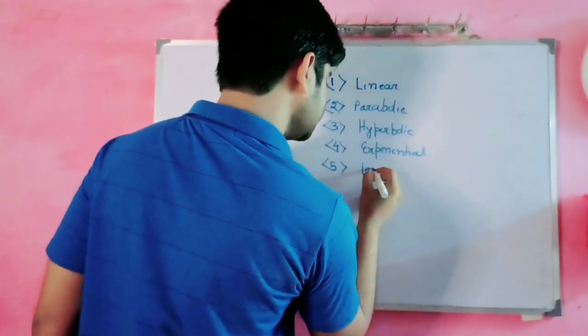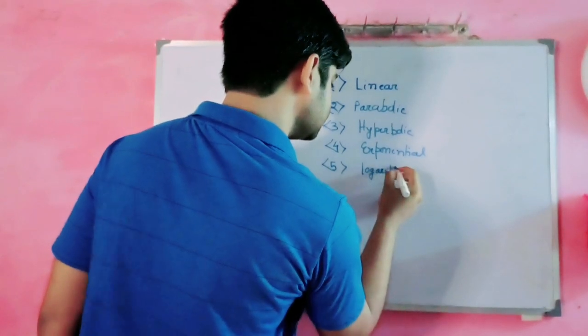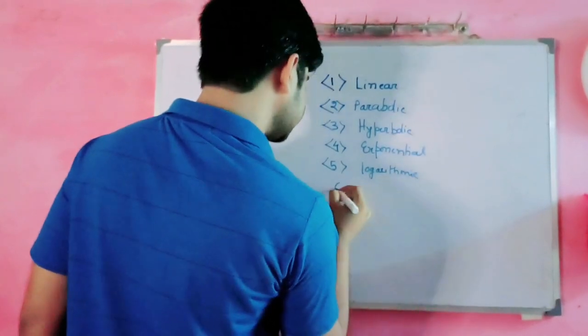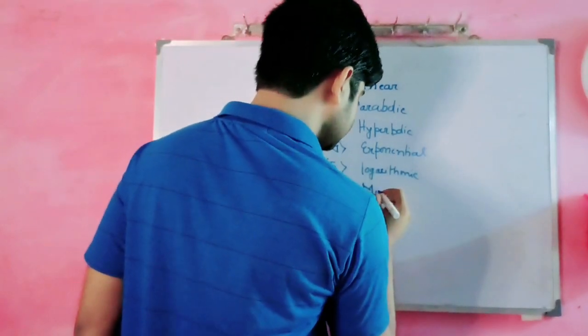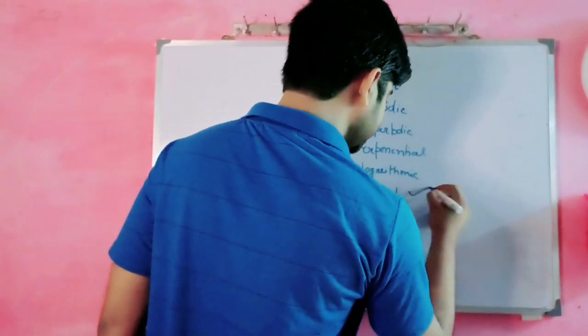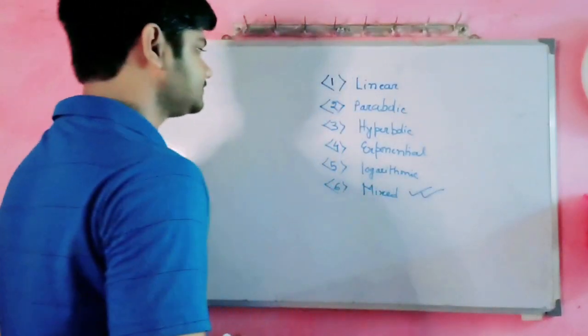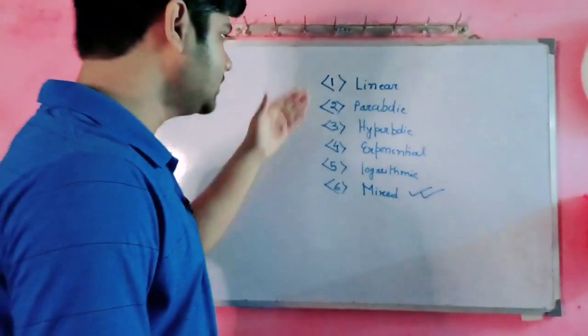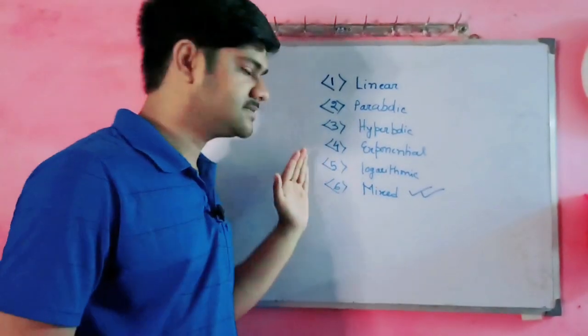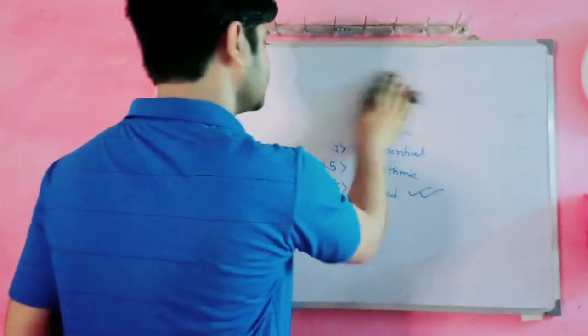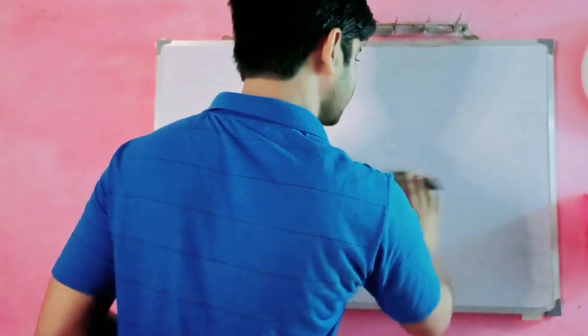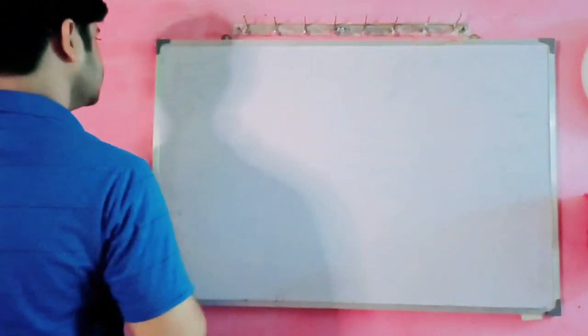Fifth one is logarithmic. And sixth one is mixed graphs, which is very important. One by one, we are going to discuss it. So let us start with the first one, which is the linear graph.